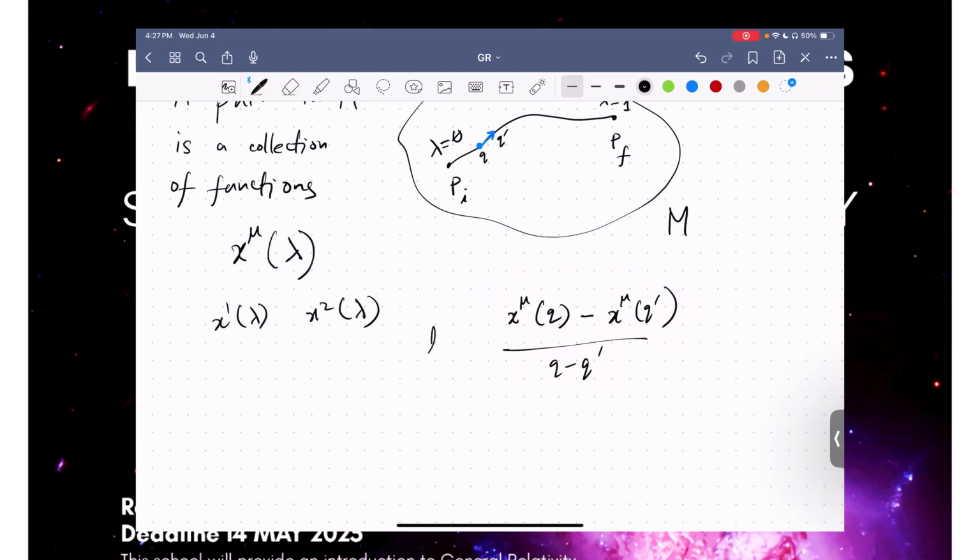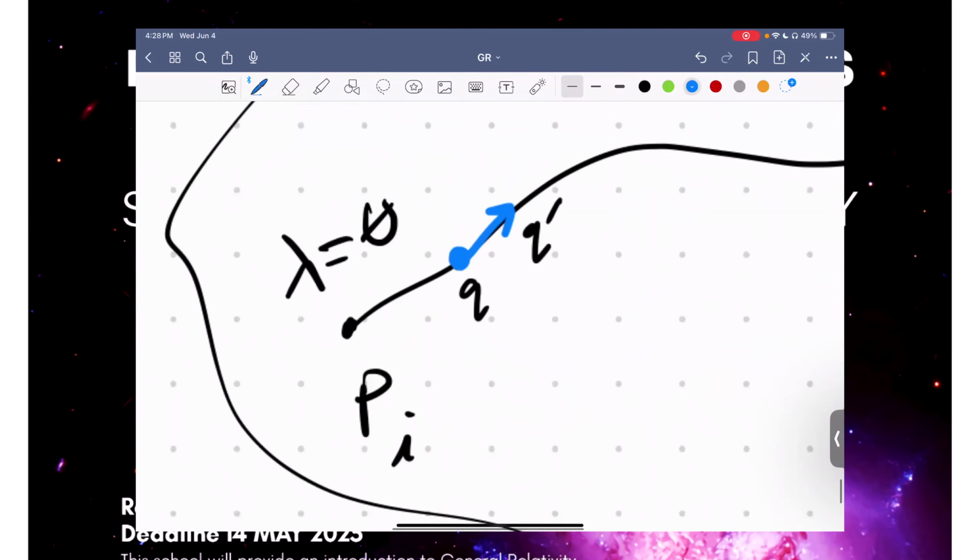But after you scale and then take the limit that this distance goes to 0, you can say that whatever this quantity is, it defines this vector. But of course, this is nothing but the total derivative, dx mu by d lambda, evaluated at the value of lambda, let's say lambda 0. This is the value of lambda at Q.